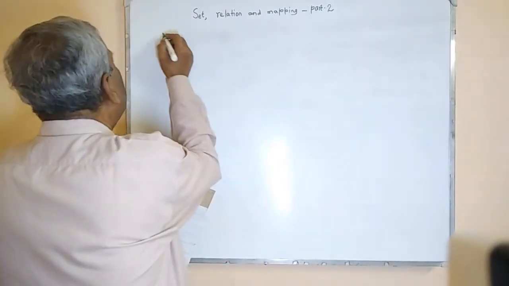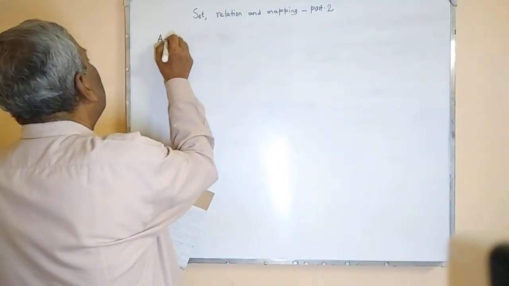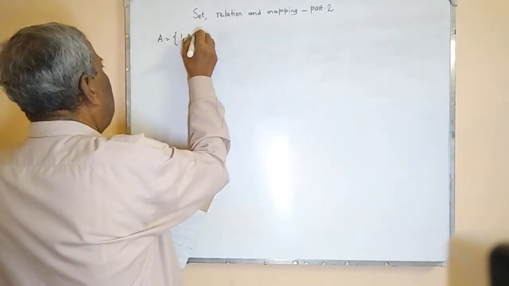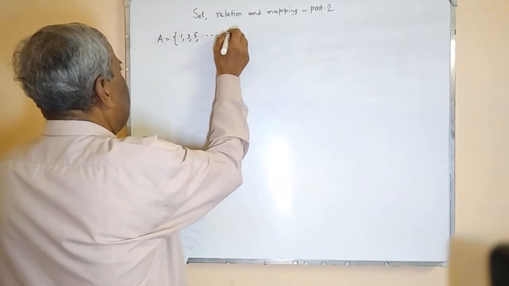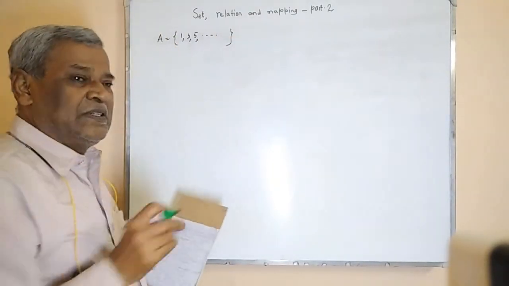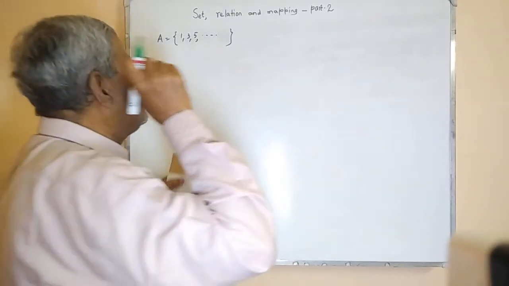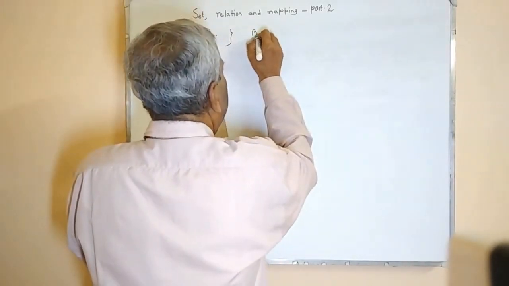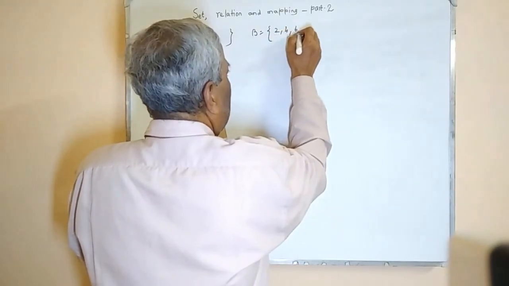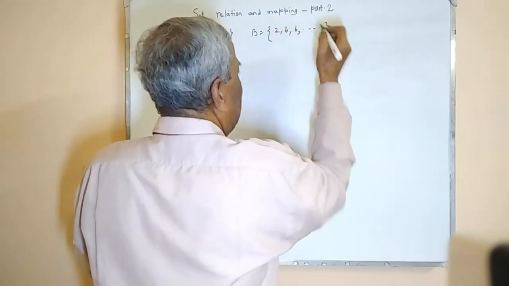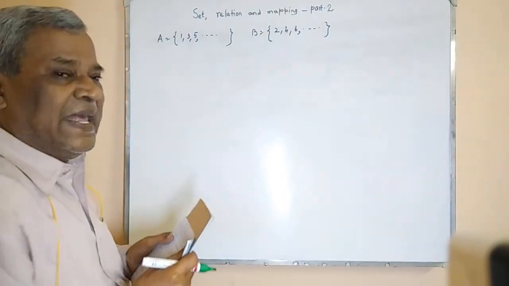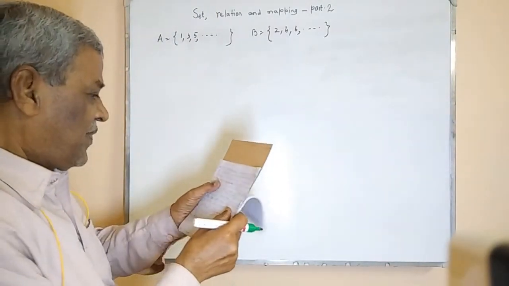Say A is the set 1, 3, 5, and so on, the set of all odd natural numbers. B is the set 2, 4, 6, the set of all even natural numbers.